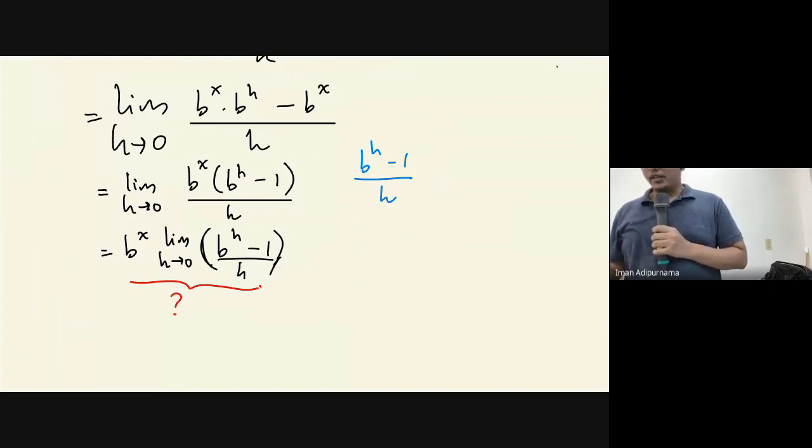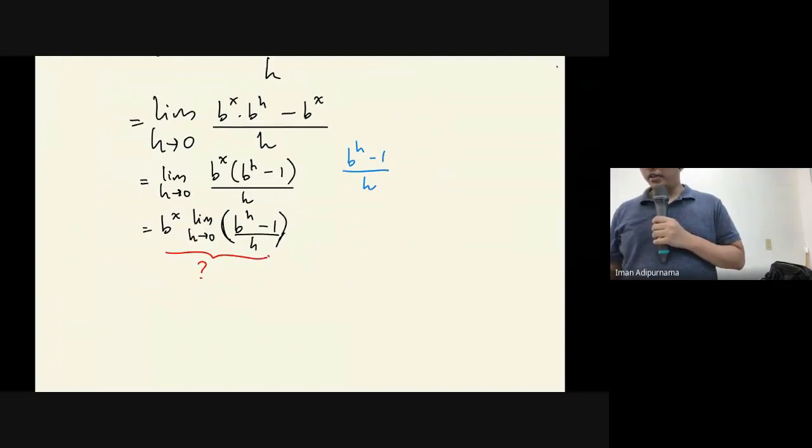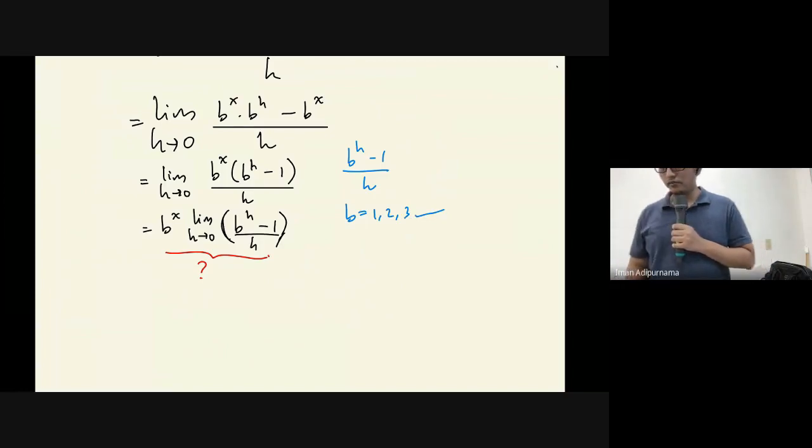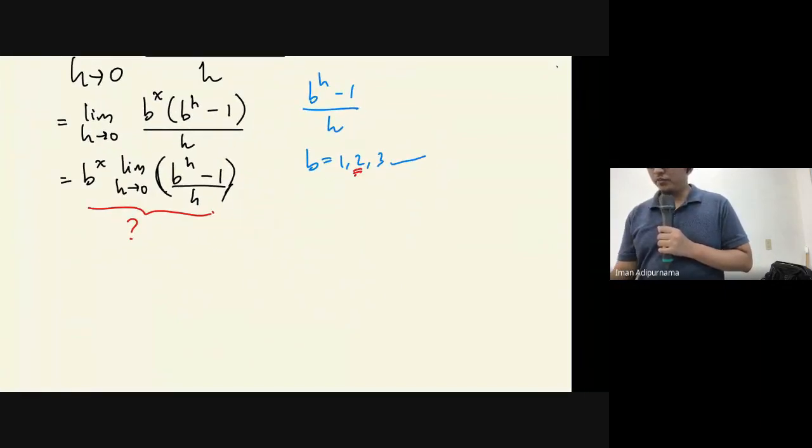Let's say b is any number, maybe just a positive number. We can say b can be 1, 2, 3, etc. Okay, to get your understanding here, let me just use the number 2. So 2 to the h minus 1. Okay, let me use some trial and error for some number.